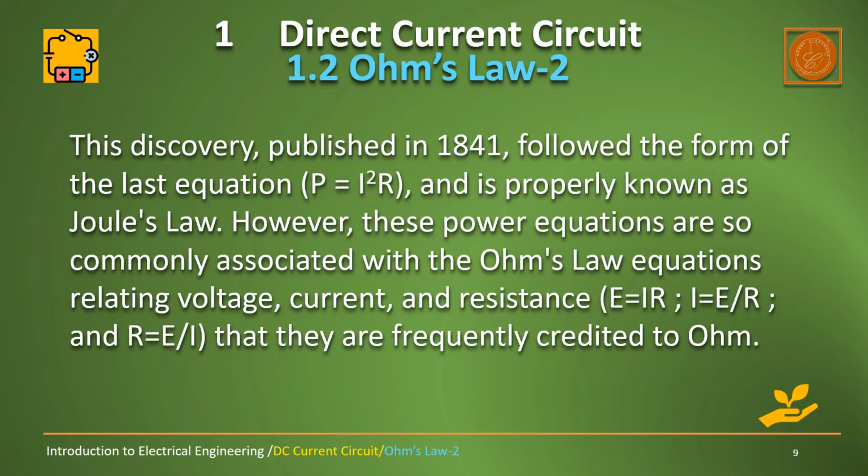This discovery, published in 1841, followed the form of the last equation, P equals I squared times R, and is properly known as Joule's law.